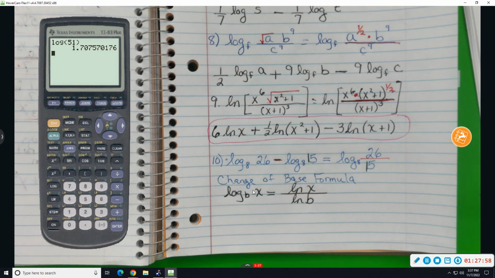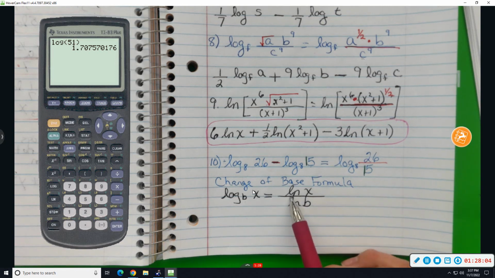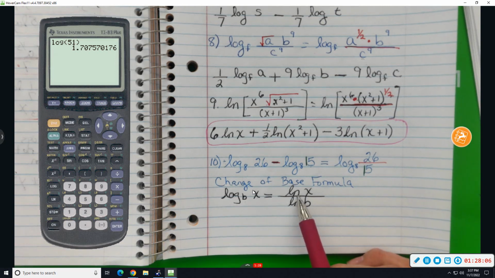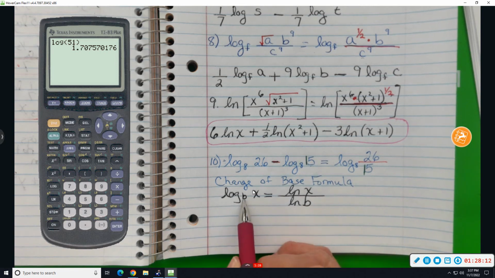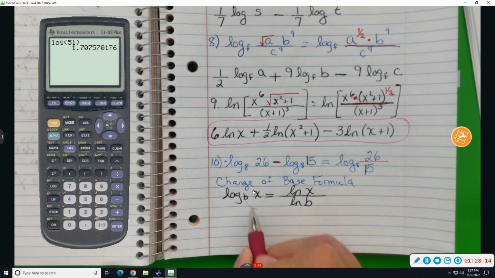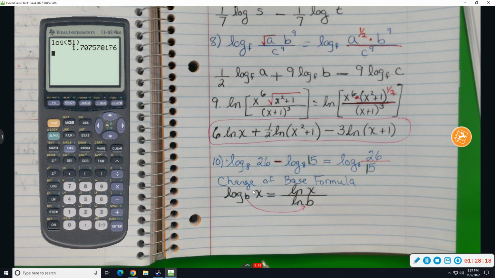To punch some base other than base 10 in, log base b of x, you're going to use the ln key. It's going to be ln over ln. The number that goes on the bottom is the number that's written lower. You've got to remember which number you put on top and which number you put on the bottom.